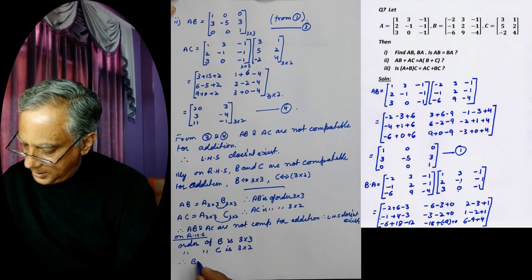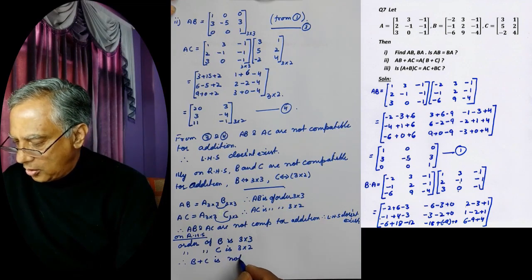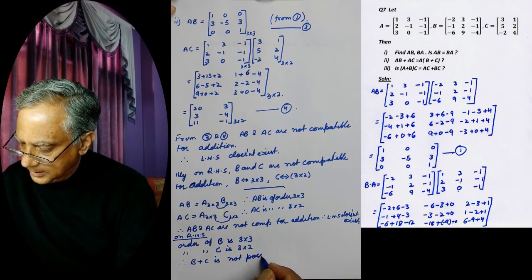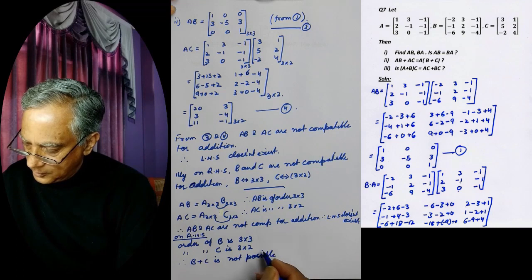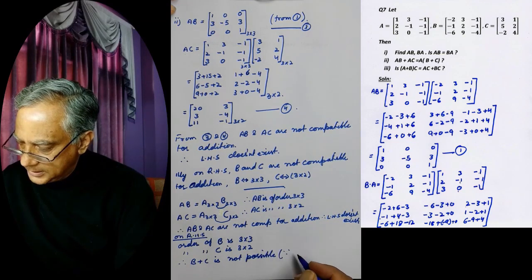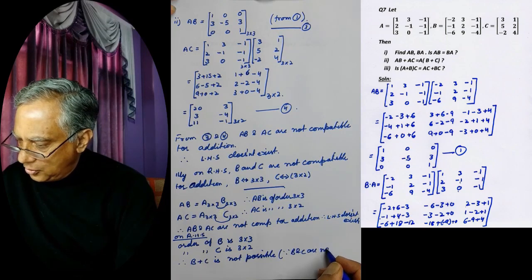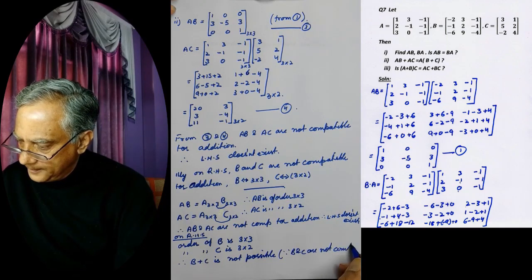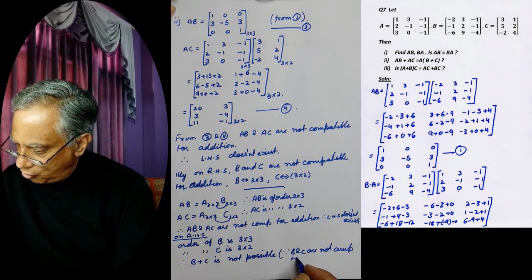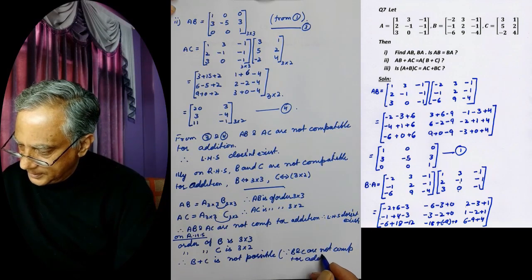Therefore, B plus C is not possible because B and C are not compatible for addition.